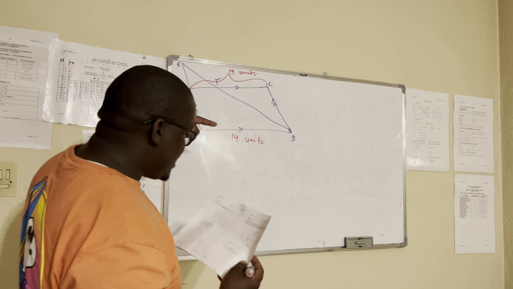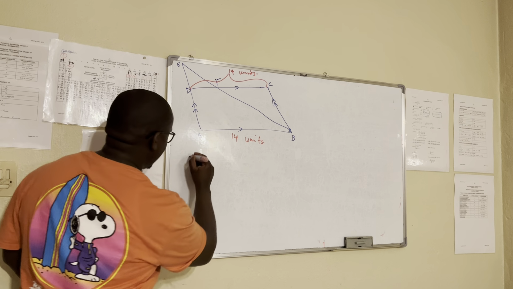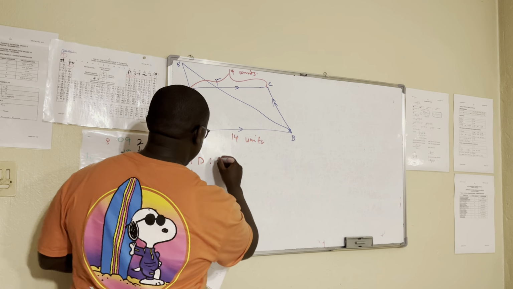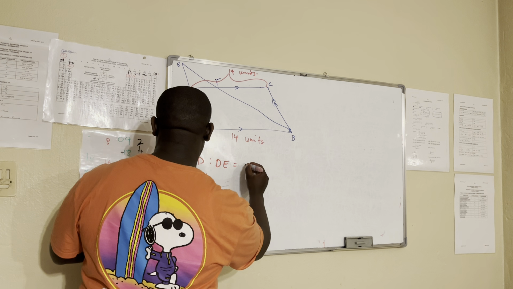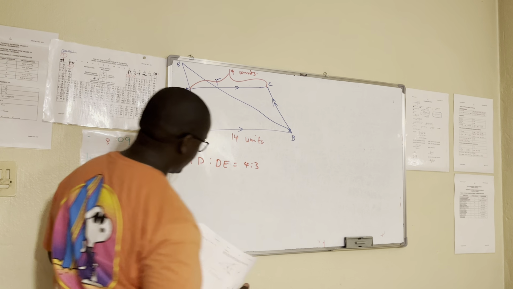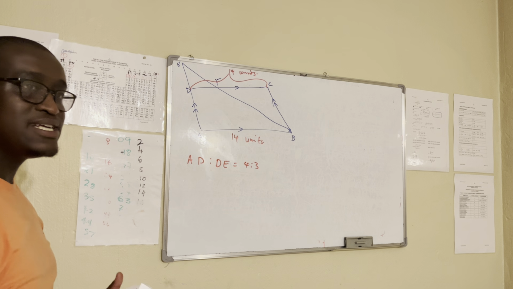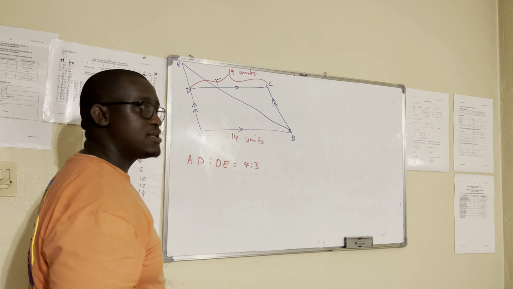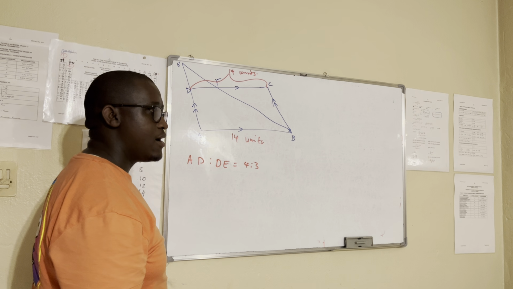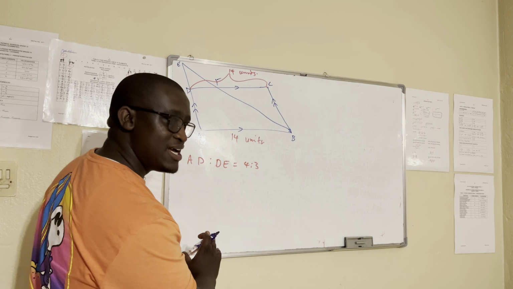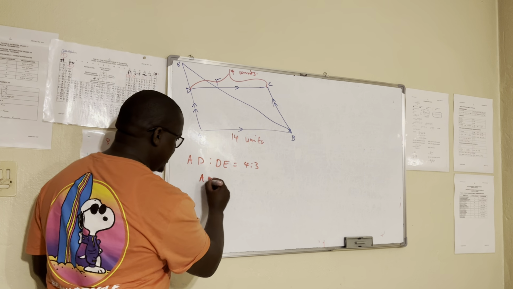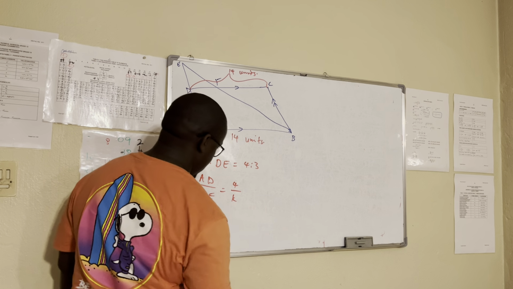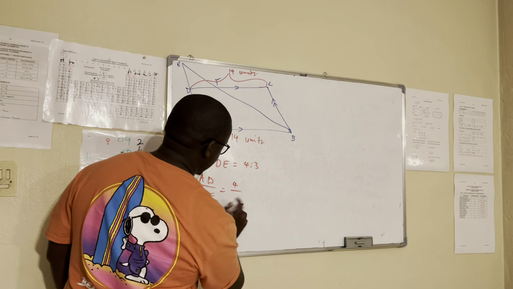Now, AD is produced to E such that AD to DE is equal to 4:3. We did this yesterday, the ratios. What does this mean? It simply means AD over DE is equal to 4/3, but let me write it as 4K, 3K.